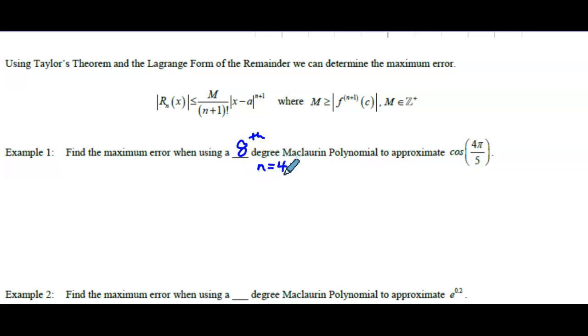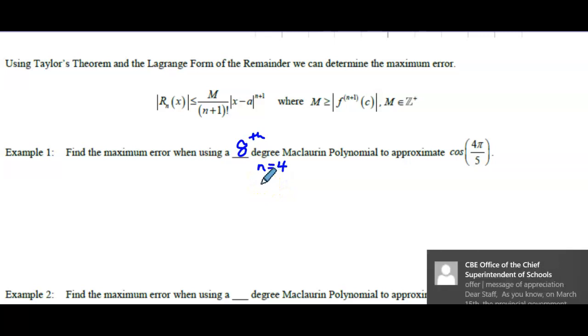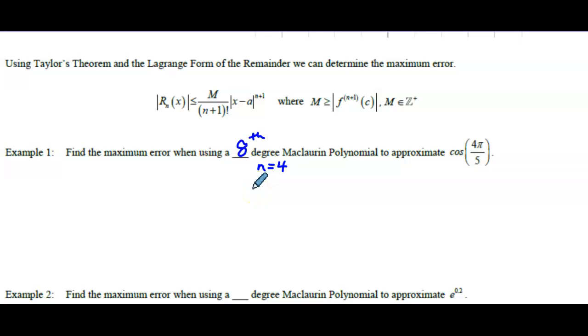So remember, if you take a look back at the formula, okay, back to it. Sorry, I took a little break there. Cos, remember, is approximated by a series with x to the 2n.